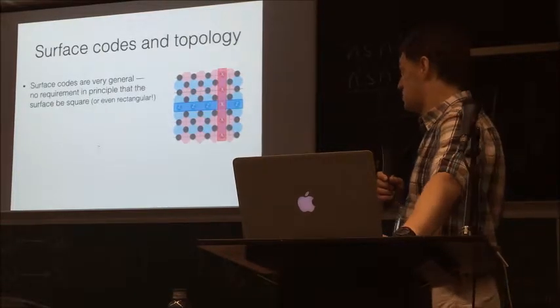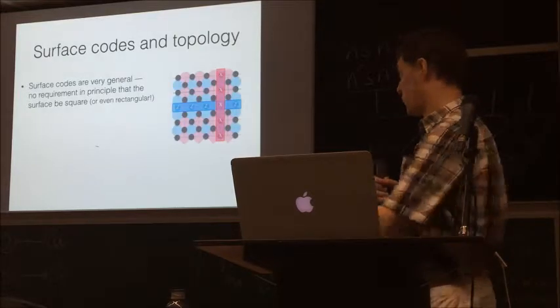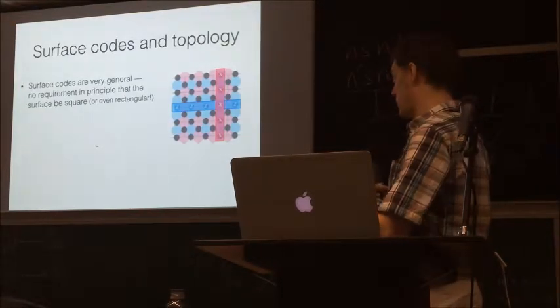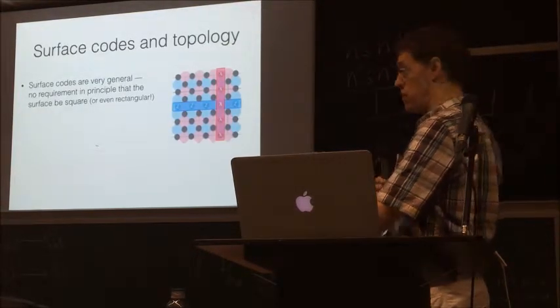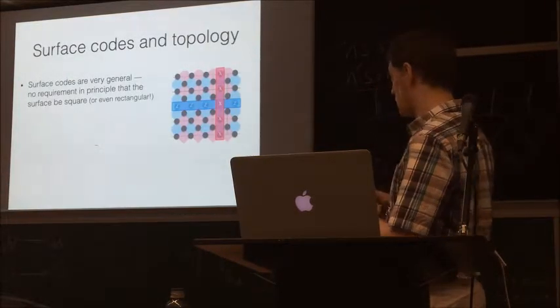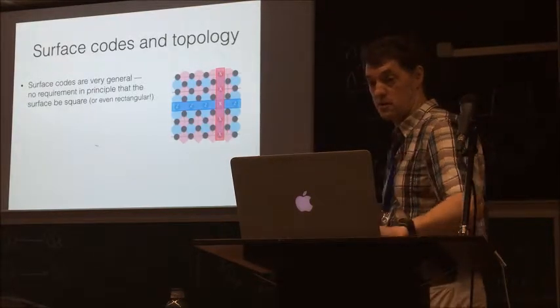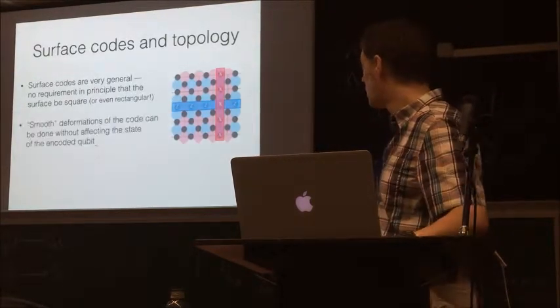So yeah, I've suggested that topology is important here, but in particular, it's fairly general. I've drawn a square memory here, but there's no requirement that your memory is square. They can be rectangular or even non-rectangular, just so long as you've got these parity properties arranged in this uniform checkerboard way.